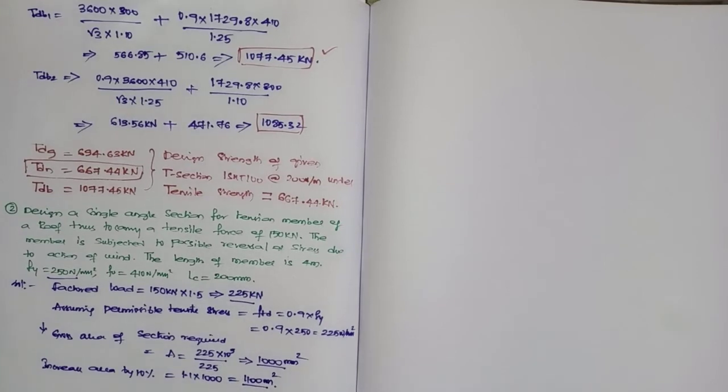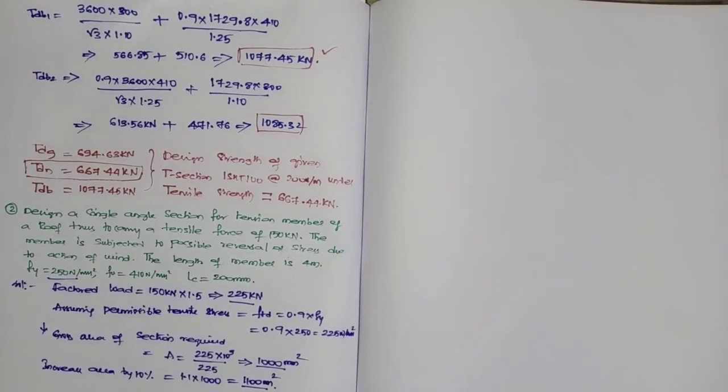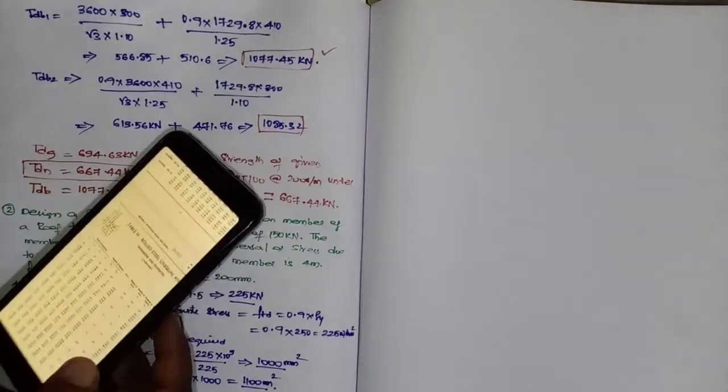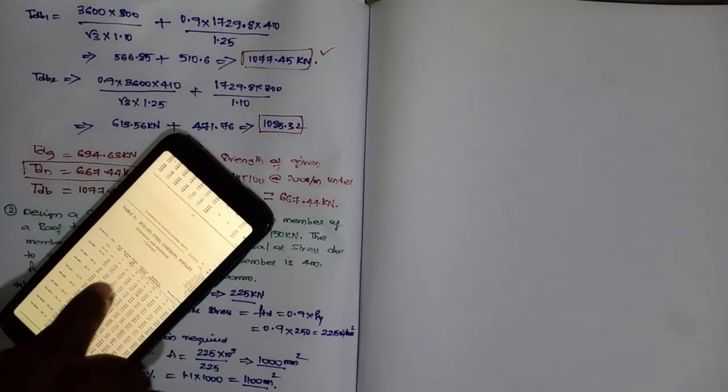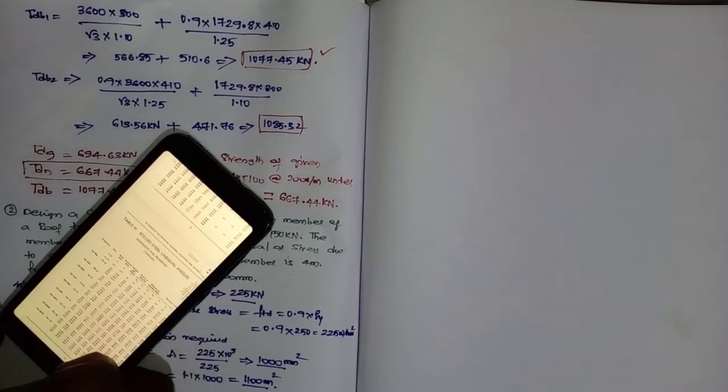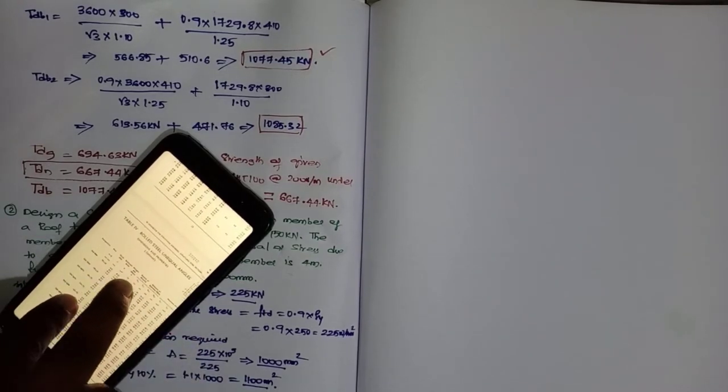Now to this area you have to take a section from the steel table. In this problem they have not mentioned whether to take an equal or unequal angle. So we'll try to take an area of 1100 mm square, right?